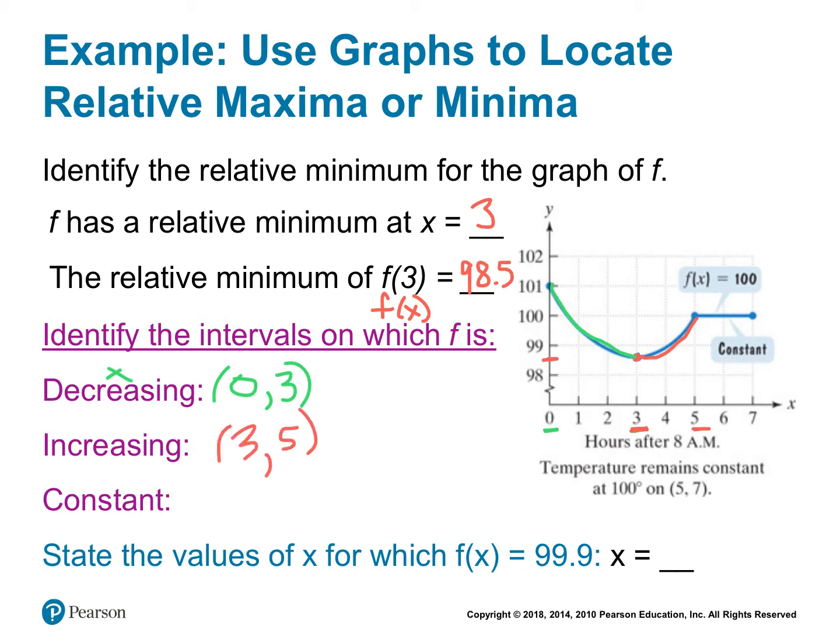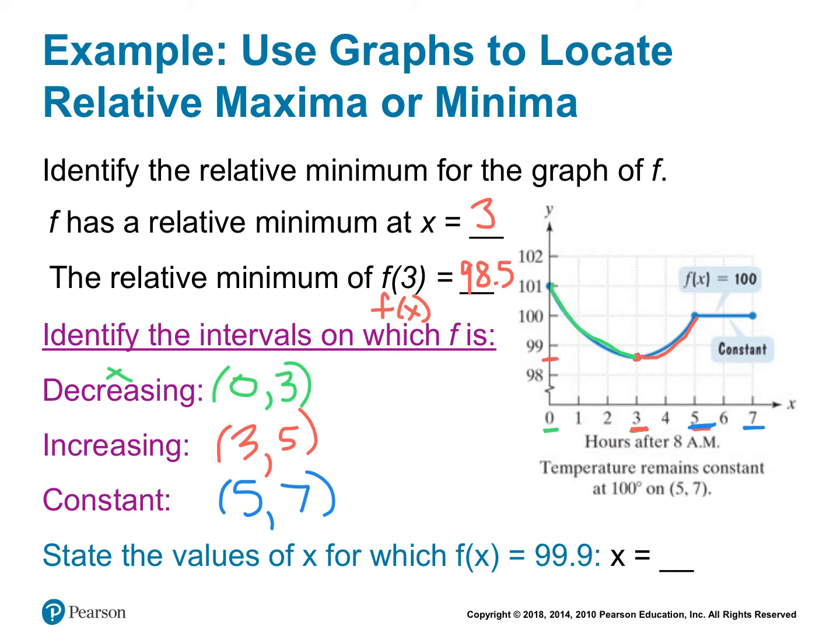And then that blue is where it's constant from 5 to 7. And it does have that dot at the end to show it doesn't have an arrow going forever and ever. So we're going to end it at the 7 instead of infinity.